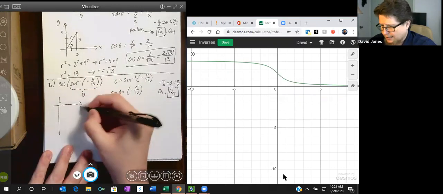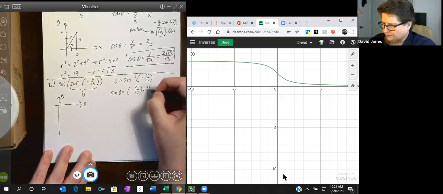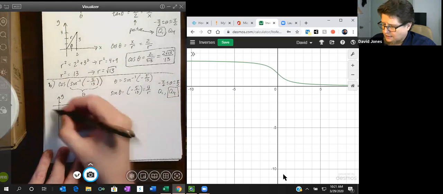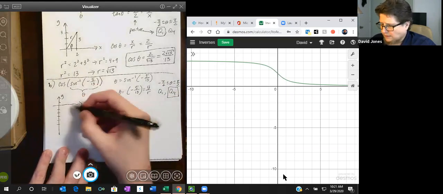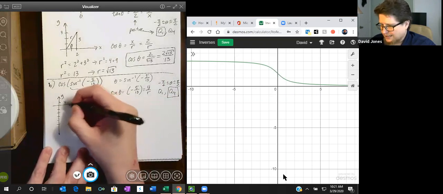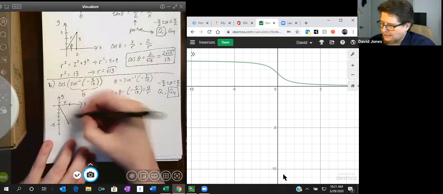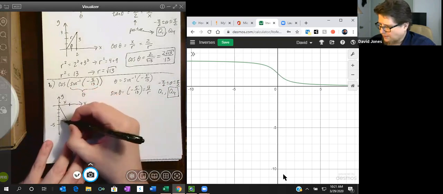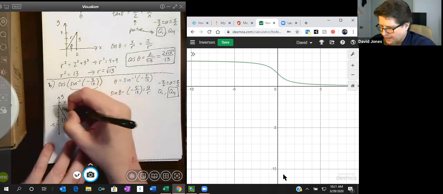I'm going to draw it in quadrant 4. Sine is y over r. I don't know how far that x value is. This is x. This is negative 5. That's 13. That's theta.